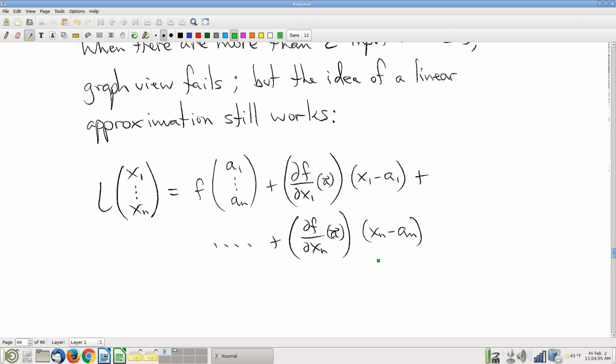Can't draw the picture. Oh my gosh, no, right? But in terms of the computations of value and partial derivative, this is a total rip-off of f. It's a mimic of f, and again called the linear approximation.